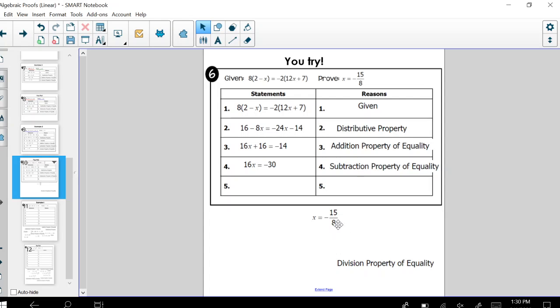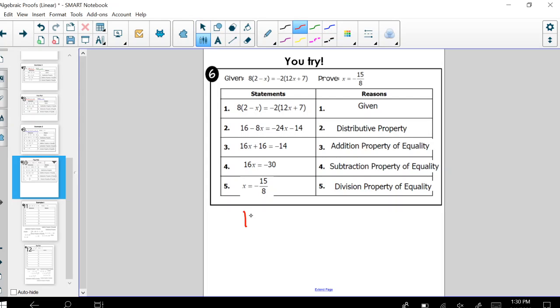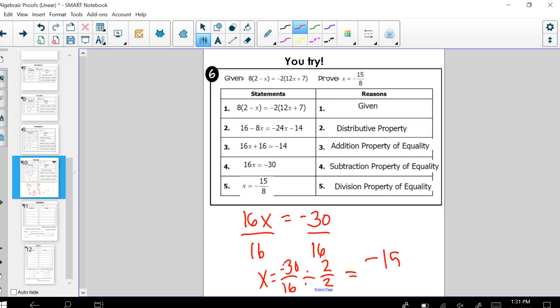And that leaves me with x equals -15 over 8, which is what I'm trying to prove, and that is my division property of equality, because if I look at the bottom here, if I have 16x equals -30, I divide both sides by 16, so x equals -30 over 16. I can simplify that fraction by dividing it by 2 over 2, and that's where I get the -15 over 8.